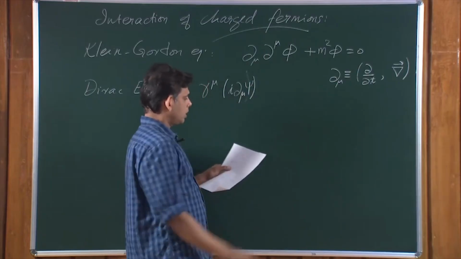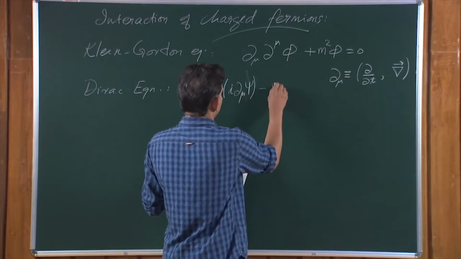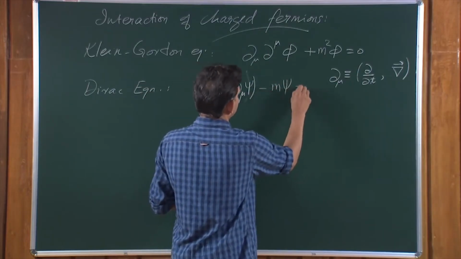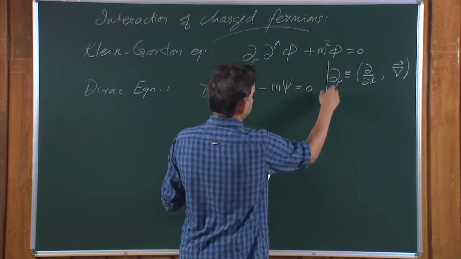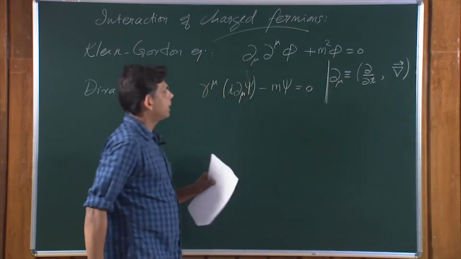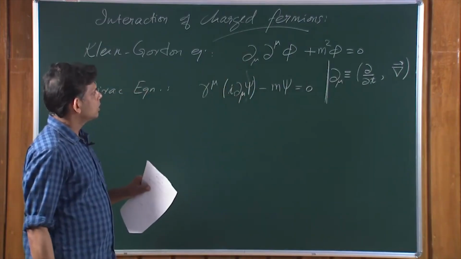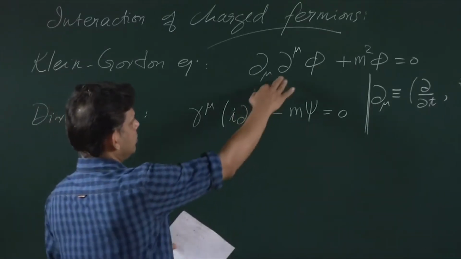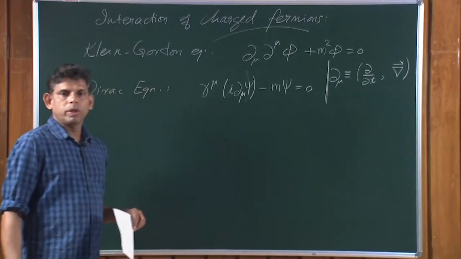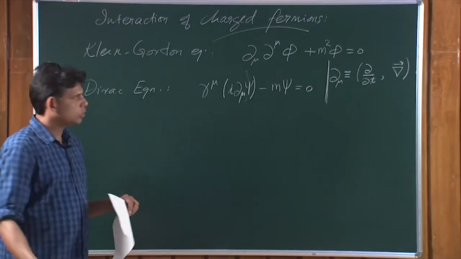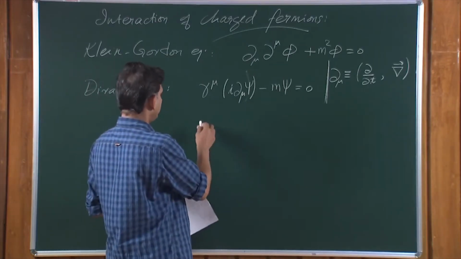This minus m psi is equal to 0. So, that is the Dirac equation.